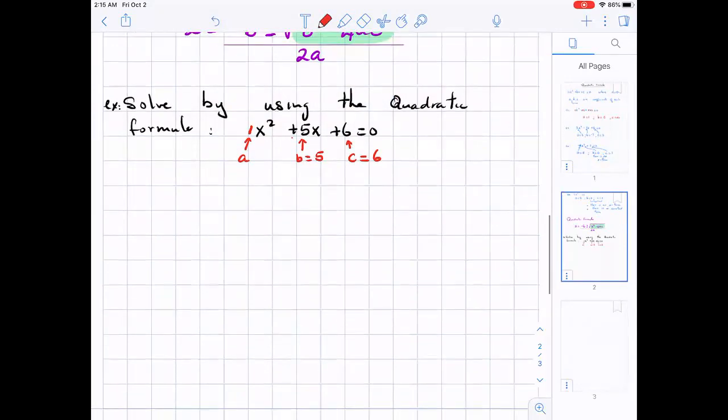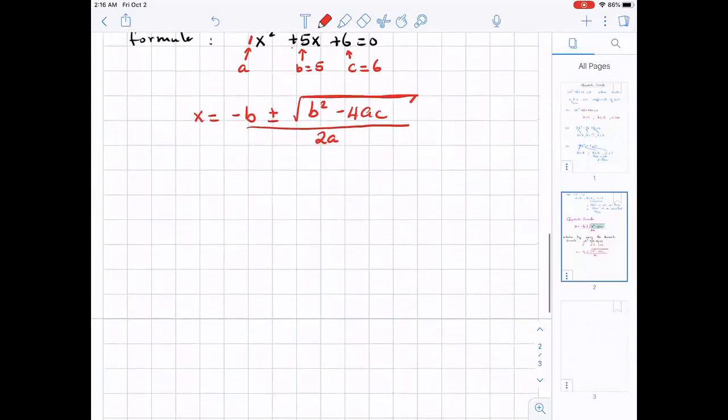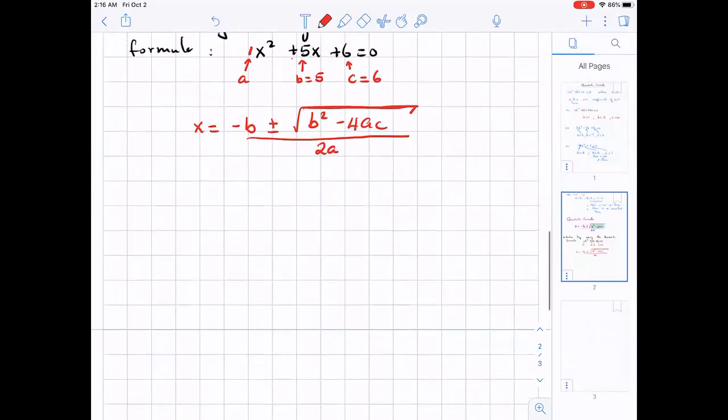And then we write our formula. x is equal to minus b plus or minus the square root of b squared minus 4ac, everything over 2a. Now it's very important to make sure that the square root sign covers the b squared minus 4ac. All of that must be under the square root sign. And now we just plug in. So x is equal to, instead of b, I'm going to write 5.